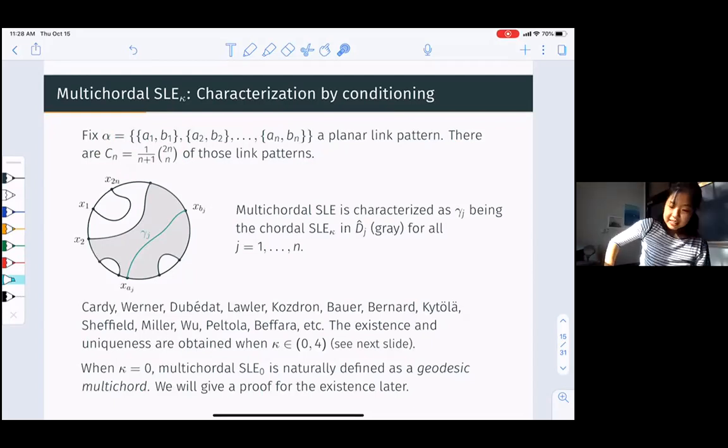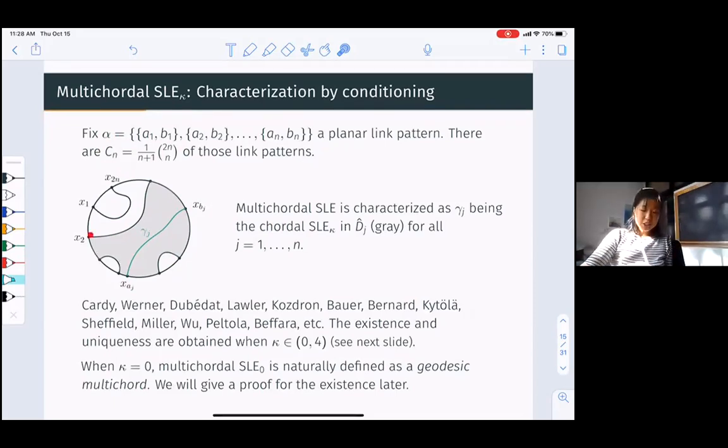The multichordal SLE is characterized by curves gamma j for each j belonging to the N chords, such that each is an SLE kappa in the union of the faces adjacent to it. So that's conditioning on all the other curves: this curve has to be an SLE kappa inside the gray shaded area.